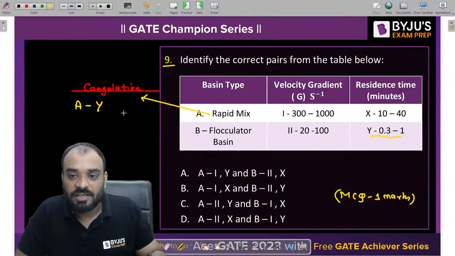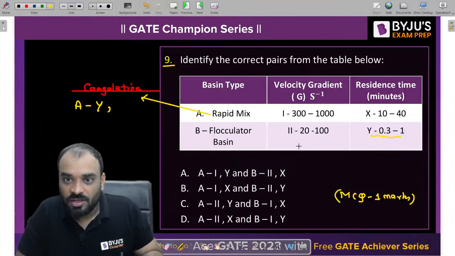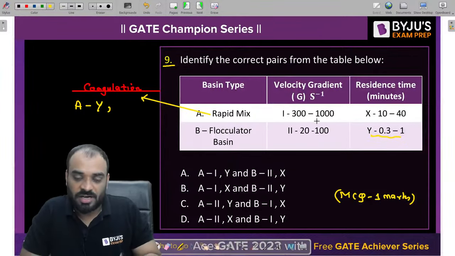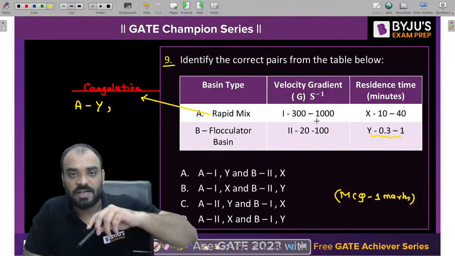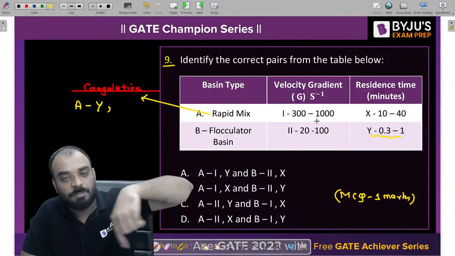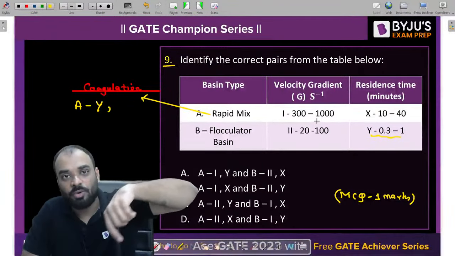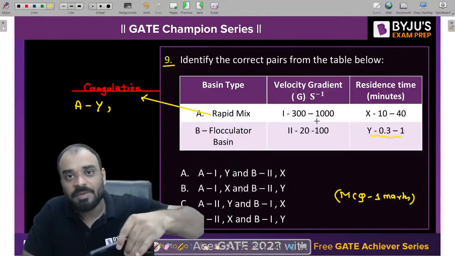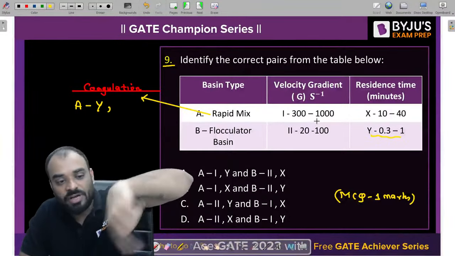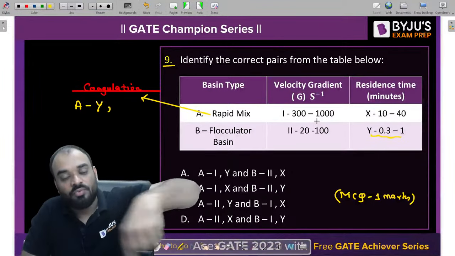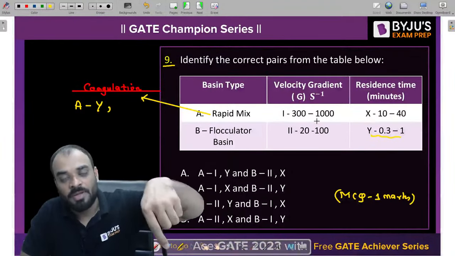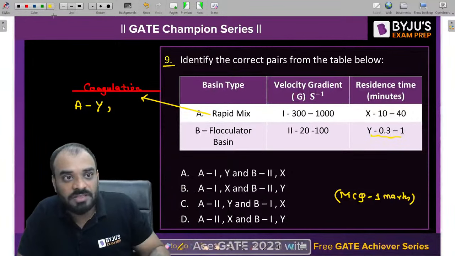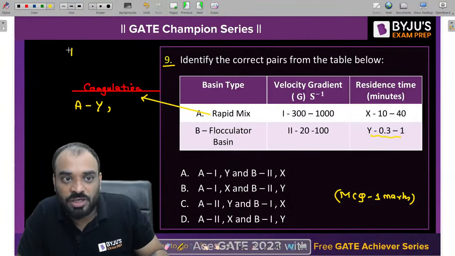The next one is, if we talk about velocity gradient, right? This velocity gradient will tell us how much power you need to provide in the motor so that you can have proper mixing. So in the rapid mixing process, we are trying to mix our water with our coagulant in a very rapid form. In that particular case, the power required is proportional to the velocity gradient.